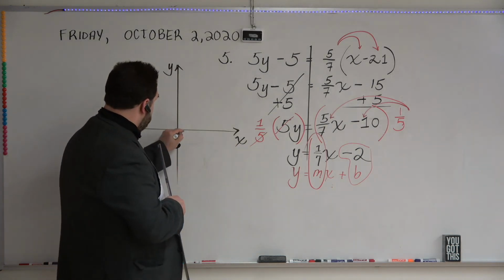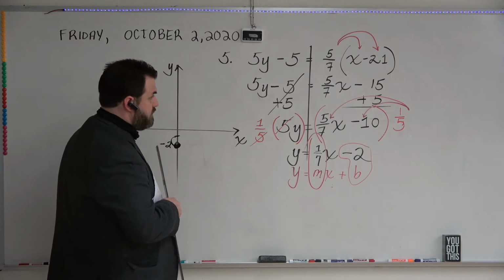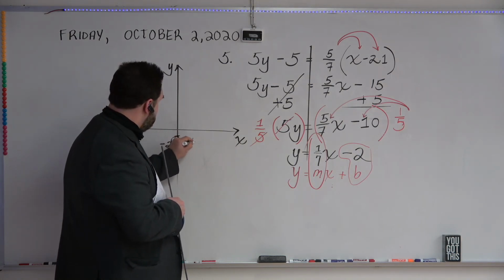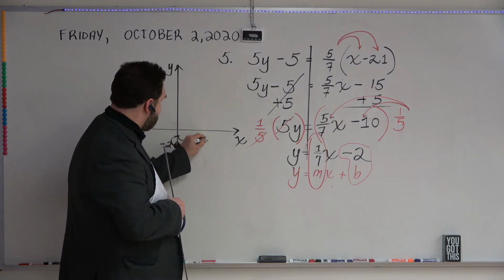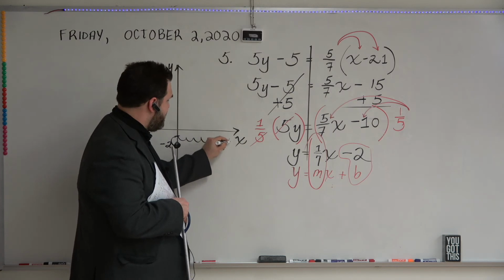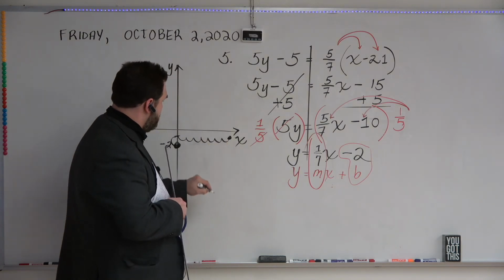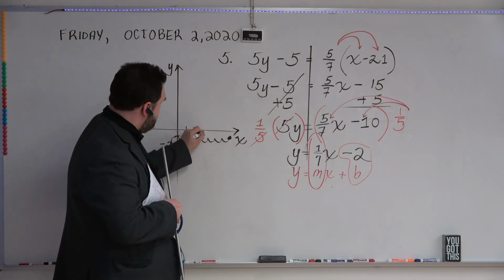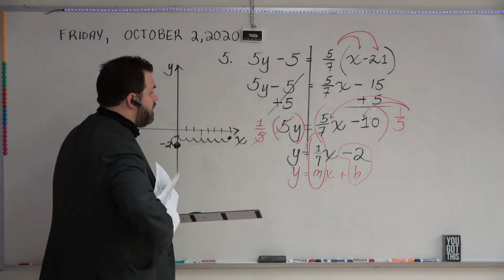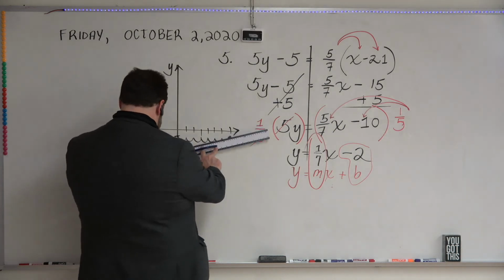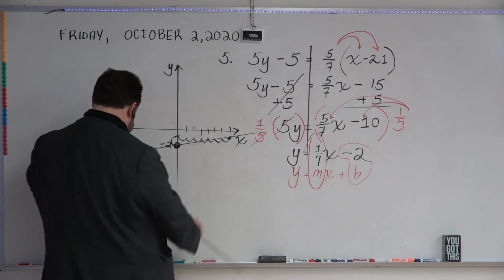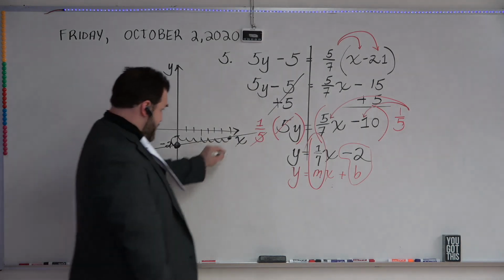Rise 1, run 1, 2, 3, 4, 5, 6, 7. About right there. So now we see that is kind of what the line looks like.